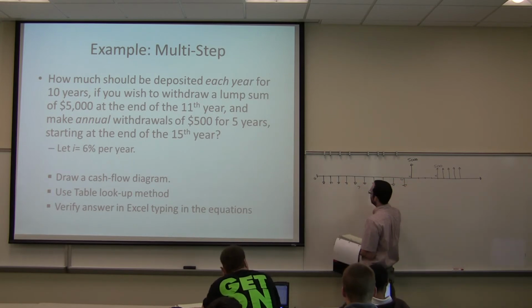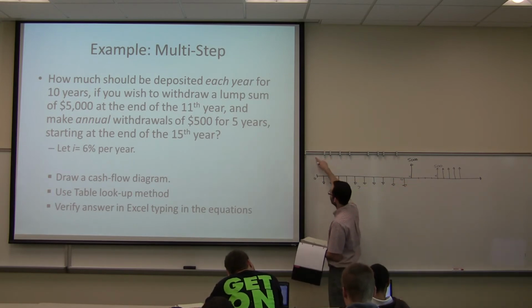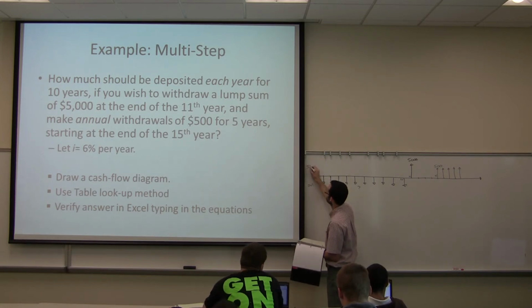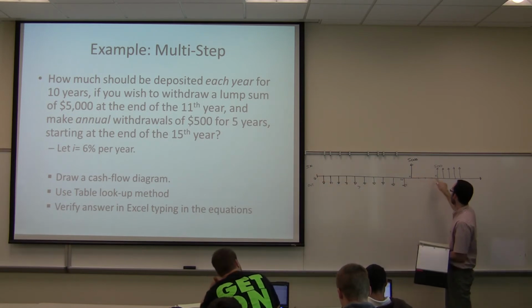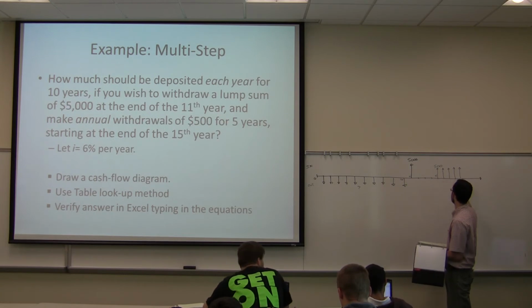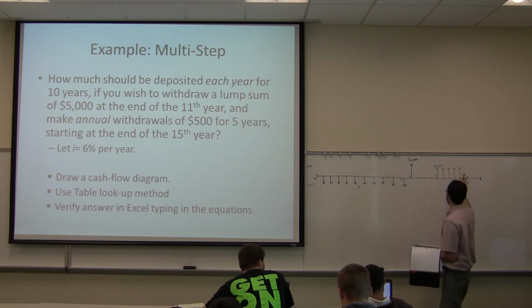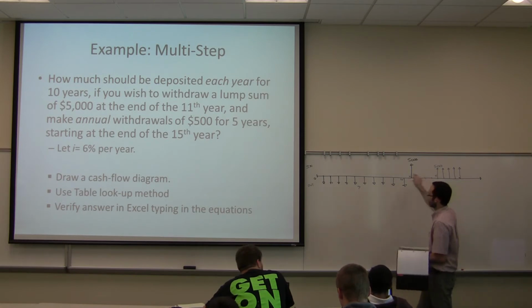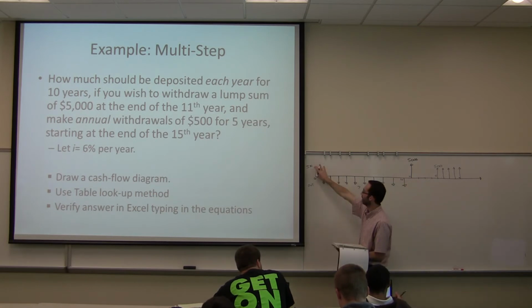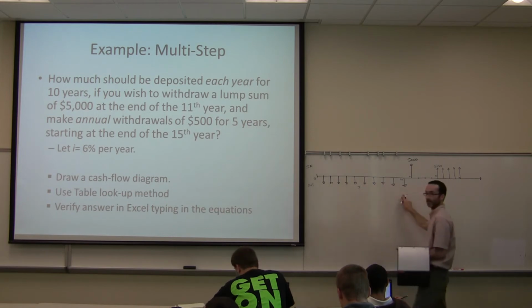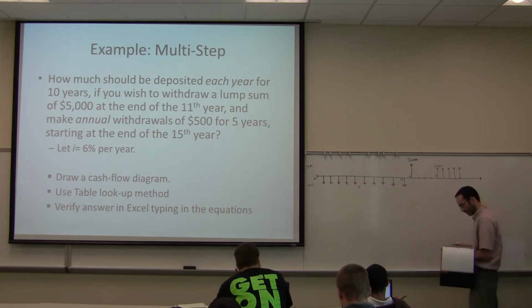And so then I'll know the total money back to me. This is money out, this is money in to my pocket. So I'm going to get money into my pocket in years 11 and then 15 through 19. So I'm going to take all this to 14. Then I'm going to take 14 to 0. I'm going to take year 11 to 0. And then all the money at 0, I'm going to spread out as an annual series to year 10. That's going to be the outline of the solution here.